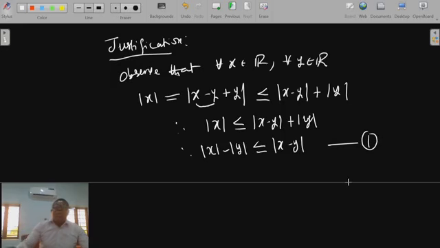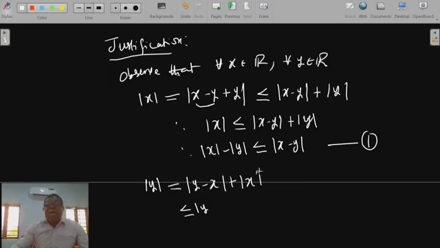So for that reason, we have to take the other side of it, where we'll now start with y and look at absolute value of y and express it as absolute value of y minus x plus x. And this again will be less or equal to, let me correct something.